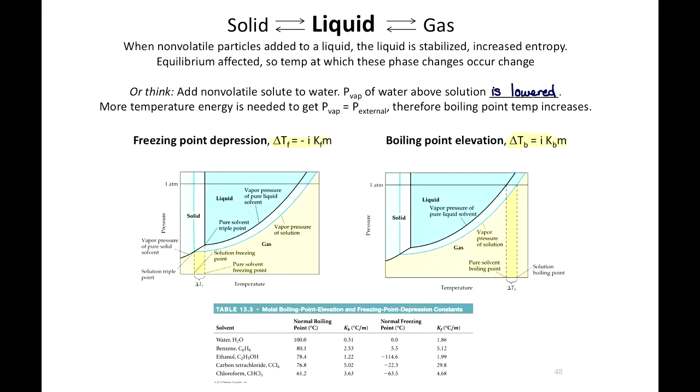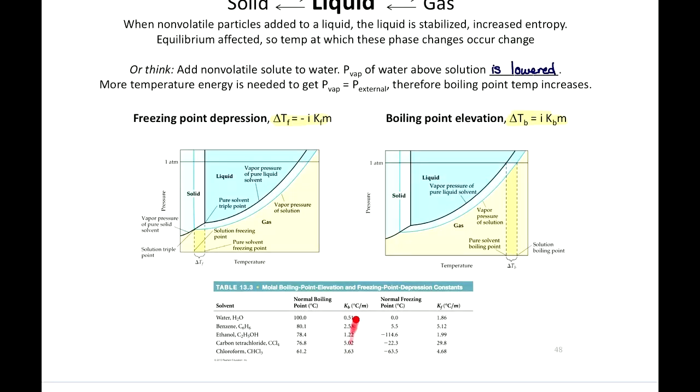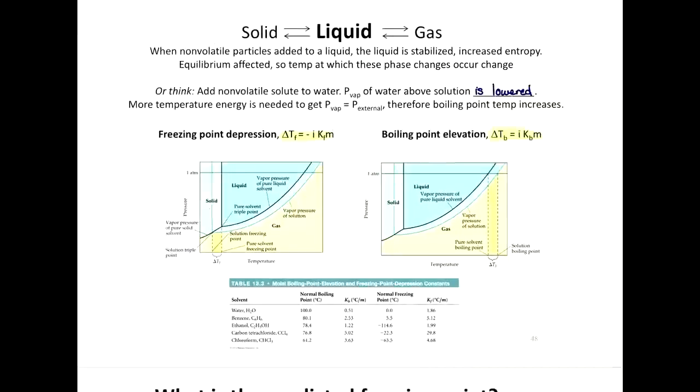So the extent of freezing point depression or the extent of boiling point elevation depends on the concentration of your mixture in molality. That's the key here, all right? We'll talk about i in a second. K, the freezing point constant and the boiling point constant, are given here in a chart. They're typically given to you, but these are constants specific to the solvent that you're trying to boil or freeze, again, usually water.